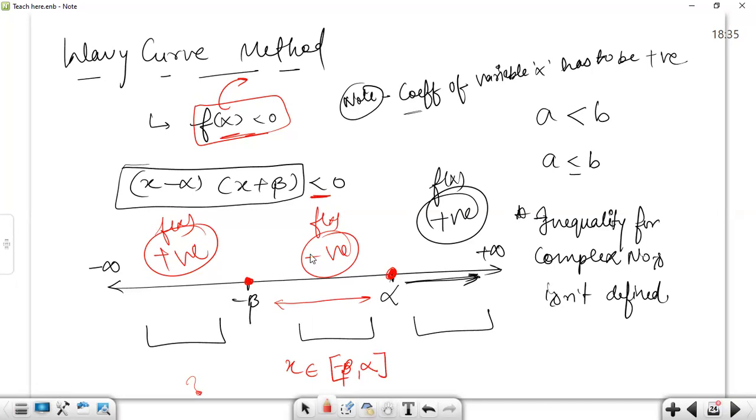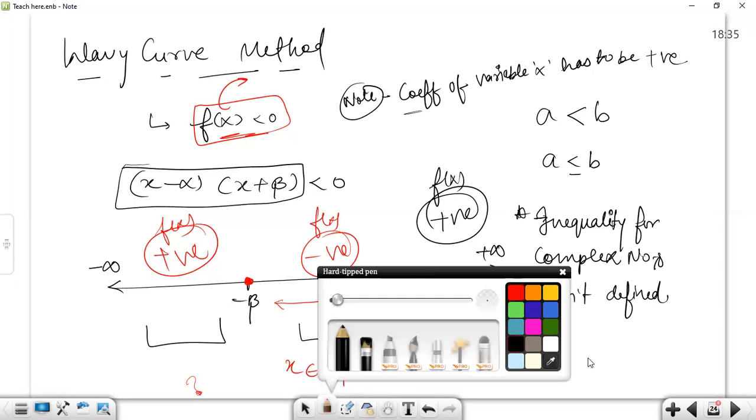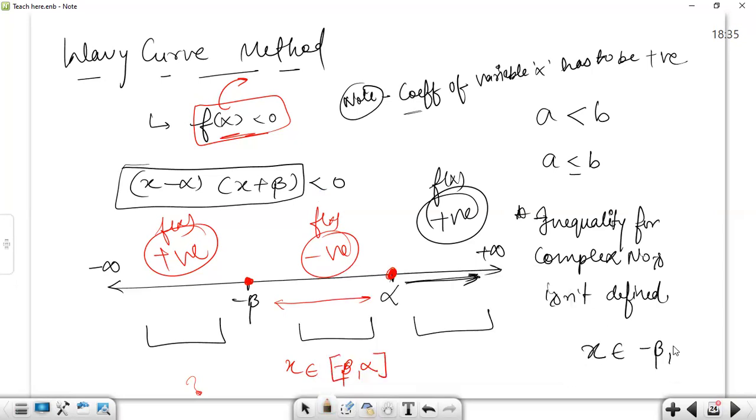But as here there is no such equality condition, we will write that x belongs to minus beta to alpha, but minus beta and alpha are not included. There will be a hole here. All the values in between will be considered, and particularly minus beta and alpha will not be there. Yes, sir. I hope you know about closed interval and open interval.